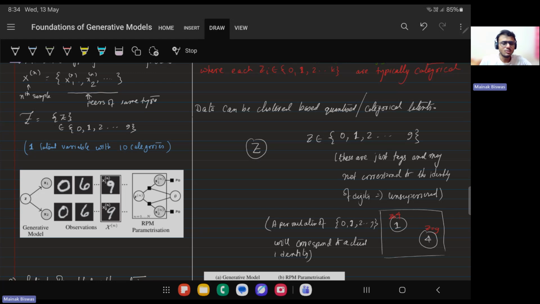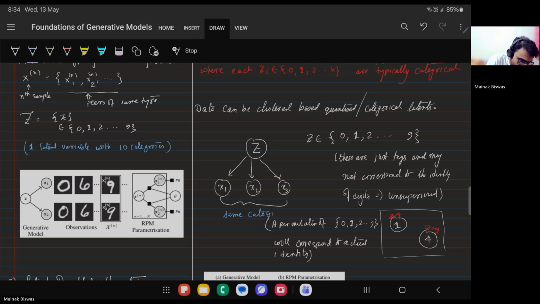All right, so what do I mean by this? I'm saying that you could have two or multiple z's, with your x1, x2, x3. I will club the data of the same category, and this is a single categorical latent, a single latent with k equal to 10 levels.